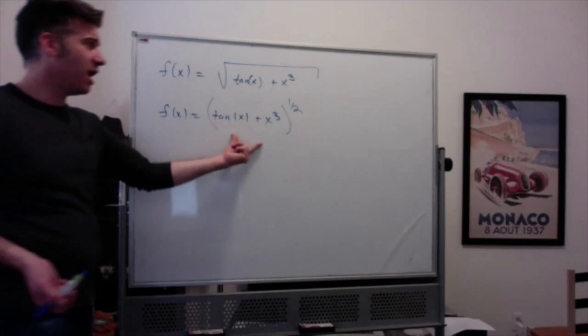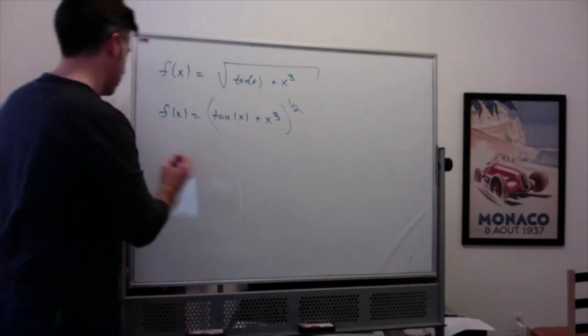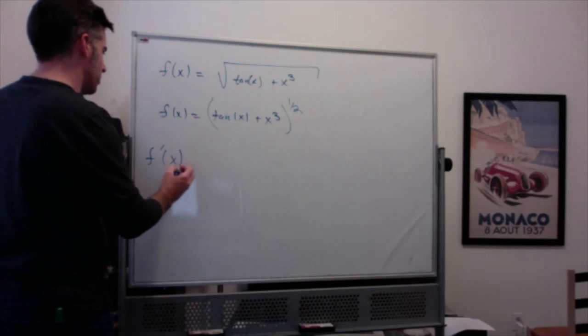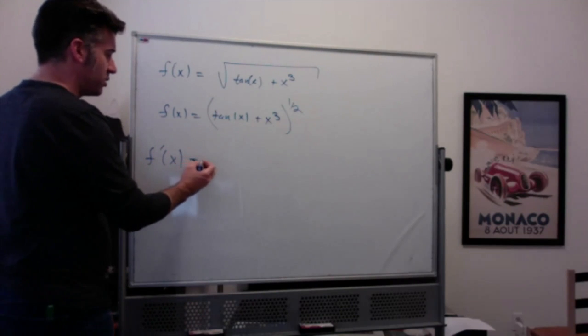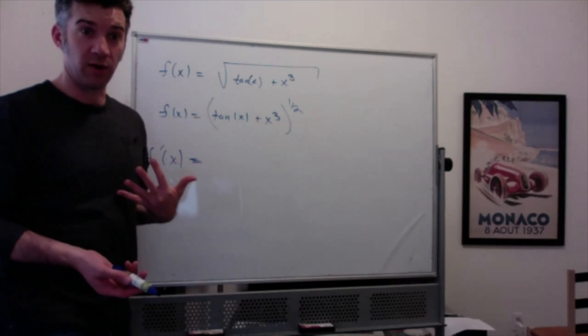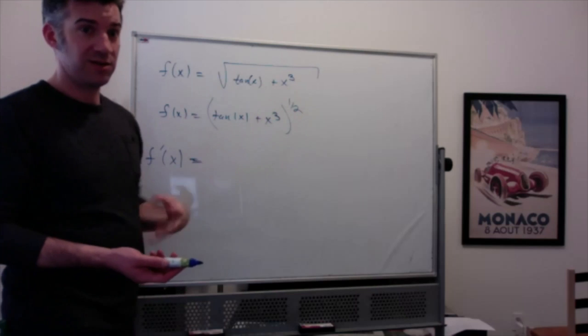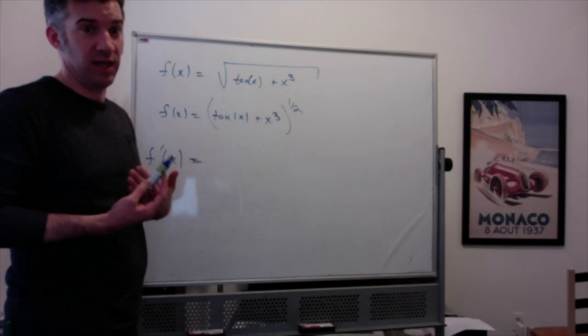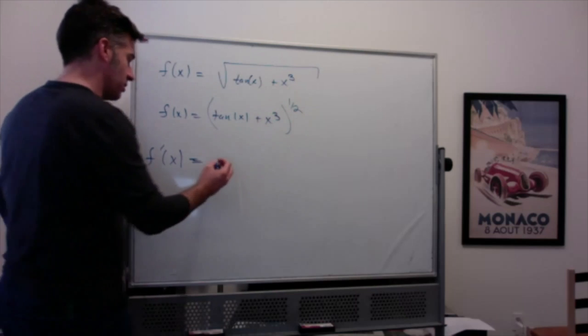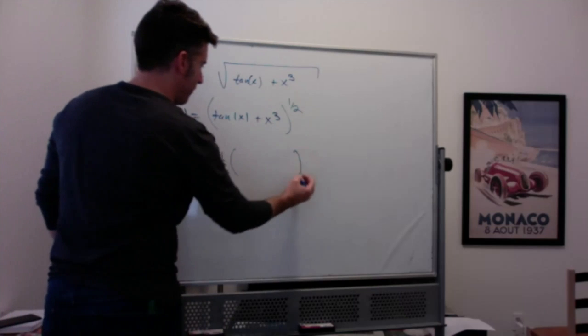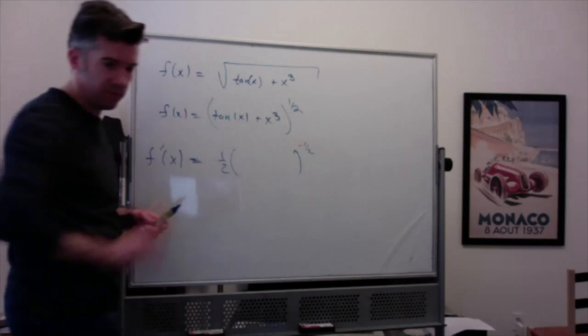I've got some stuff to the 1/2 power. The derivative of something to the 1/2 power is 1/2 times my something to the negative 1/2, just like the derivative of x to the 1/2 is 1/2 times x to the negative 1/2.